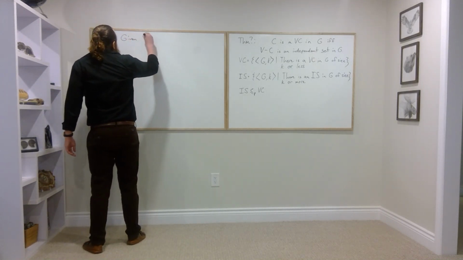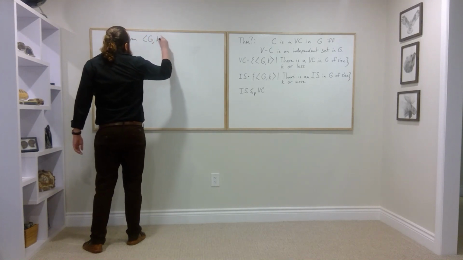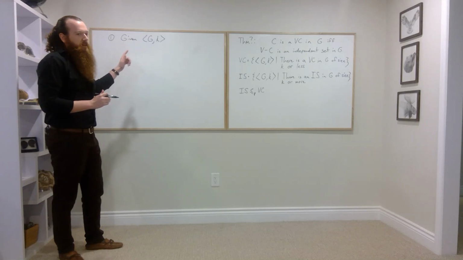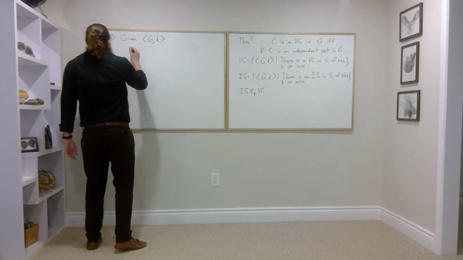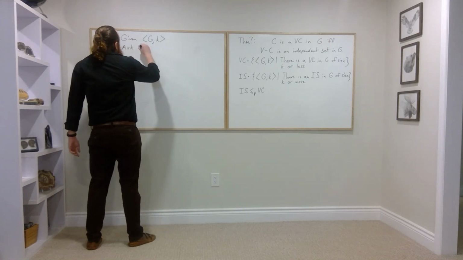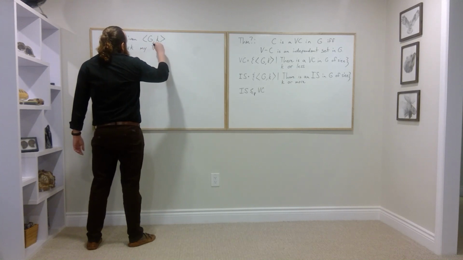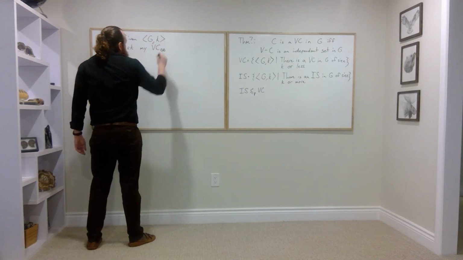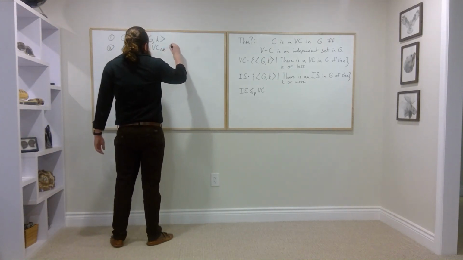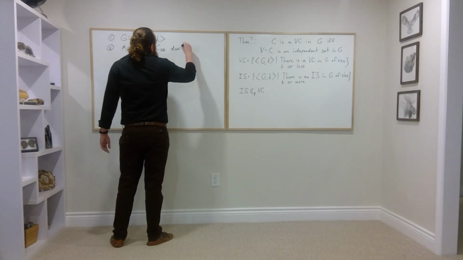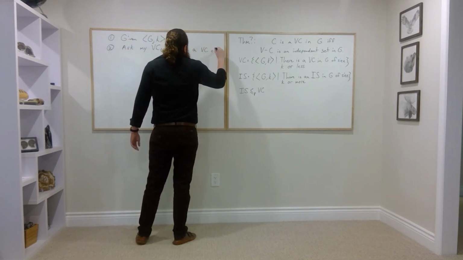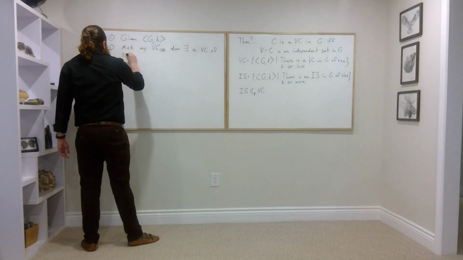So think of it like this. Given G, K, I want to know, is there an independent set in G of size K? Well, I'm going to ask my vertex cover black box solution, does there exist a vertex cover of size something?